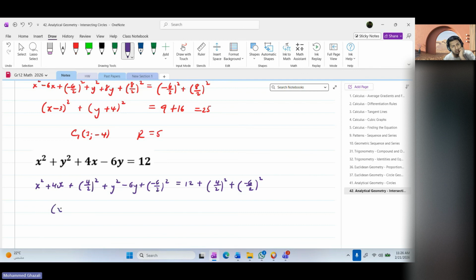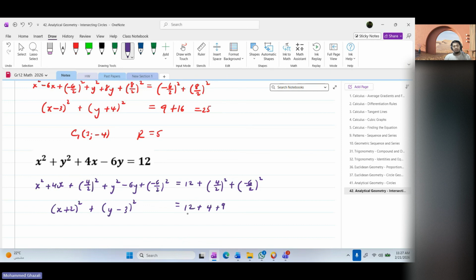Now we have x plus 2 squared, because 4 divided by 2 is 2, plus y minus 3 squared is equal to 12 plus 4 plus 9.